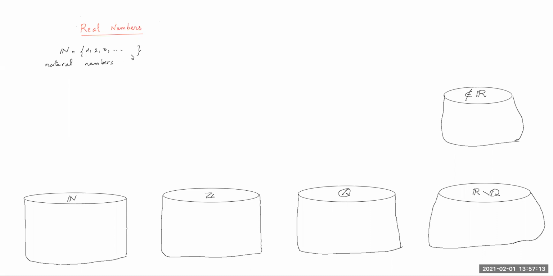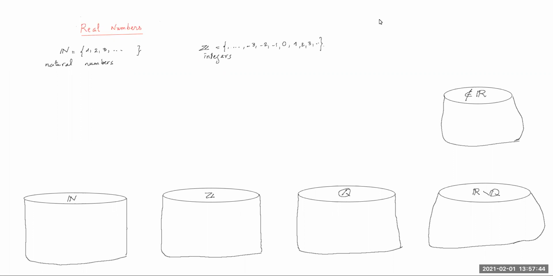Then a set Z of integers. It contains N plus the negative values, so you have -3, -2, -1, and 0, and all negative values plus all the elements of N.